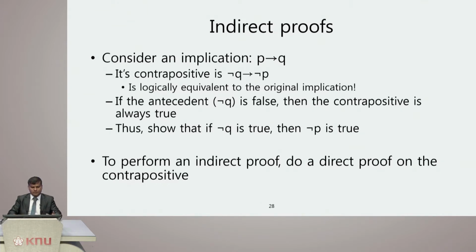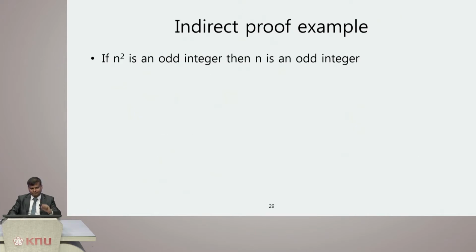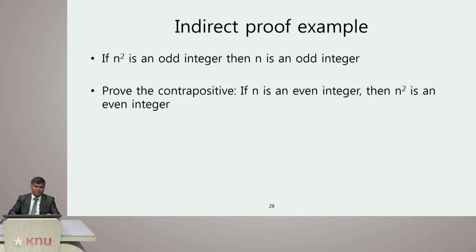Let's see how this is done with an example. If n square is an odd integer, then n is an odd integer. Let's see how to show that. We have to use the contrapositive: if n is an even integer, then n square is an even integer.